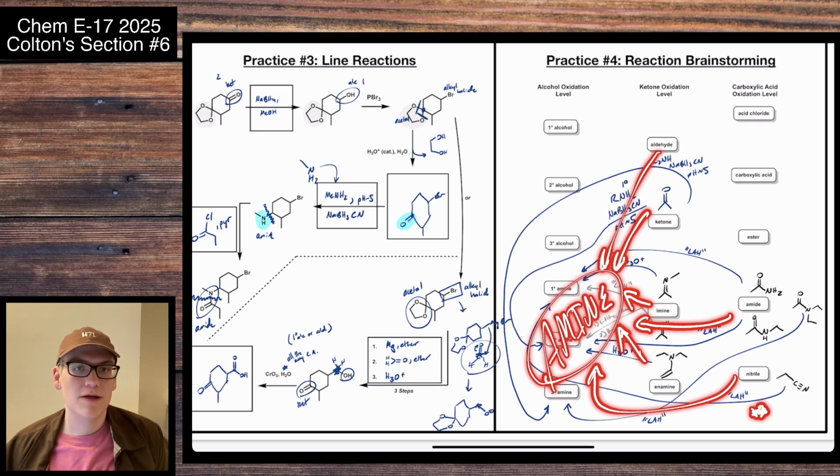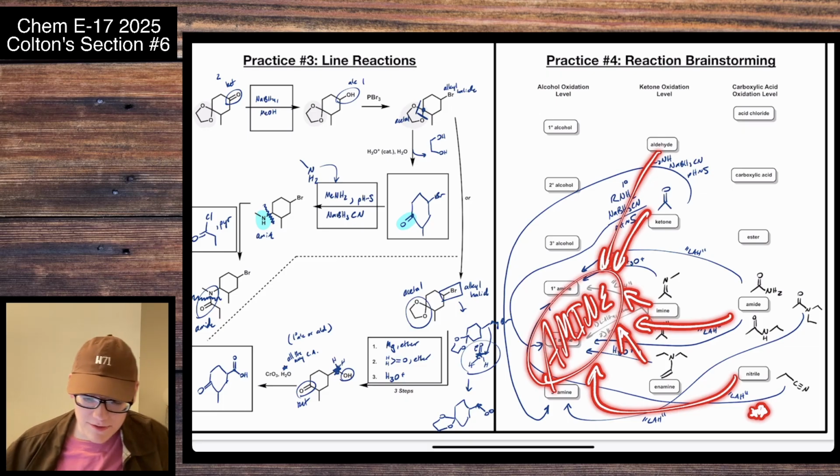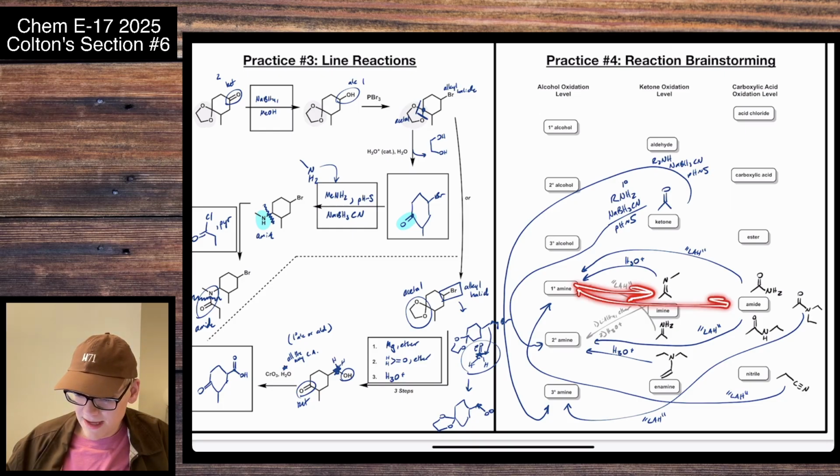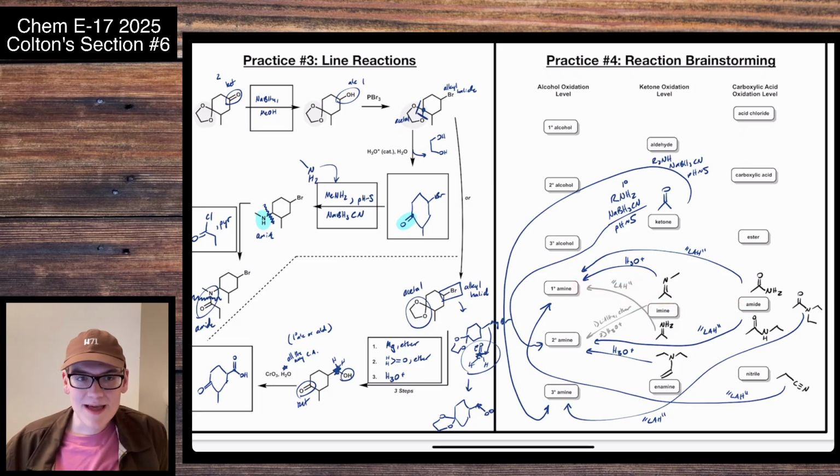Just try to see, okay, what are all my reactions that make amines? What are all the reactions that make alcohols, and so on. And then you can do the reverse. So you can do all the reactions that start with amines and form amines and form amides. I think those are the only two that we can form from the primary amine. But yes, I'm not going to do all of them here.